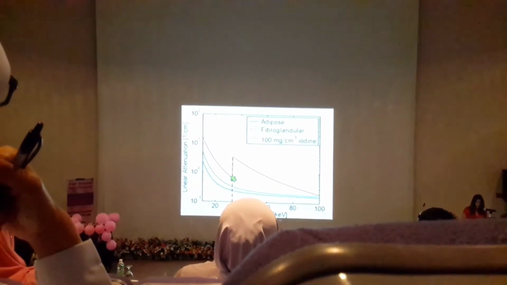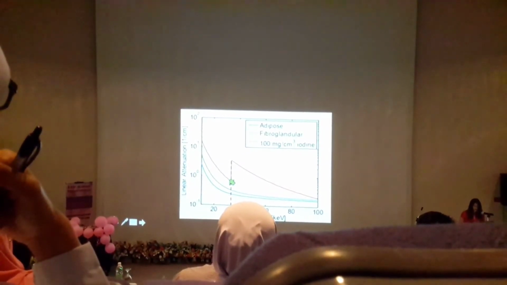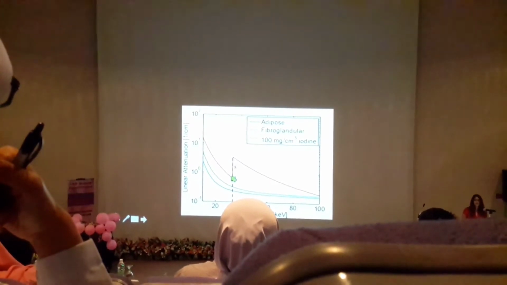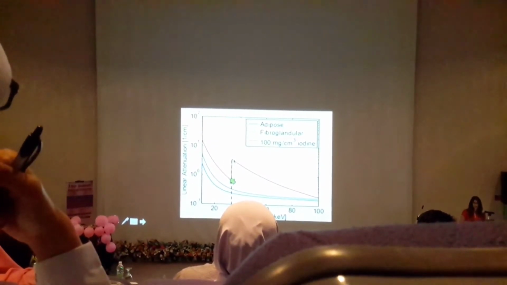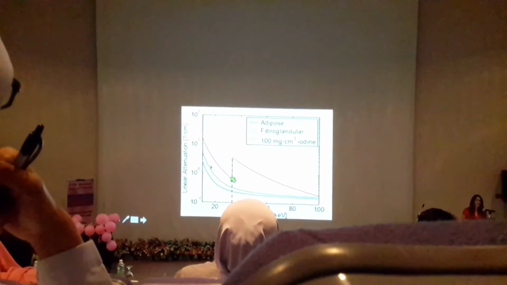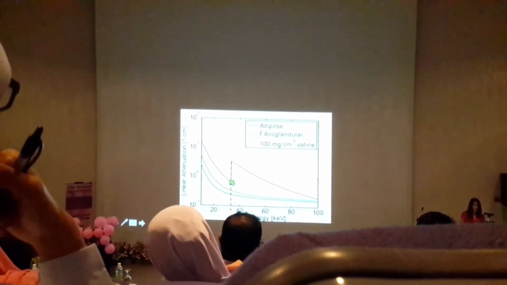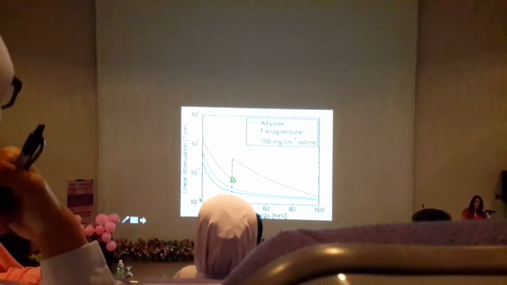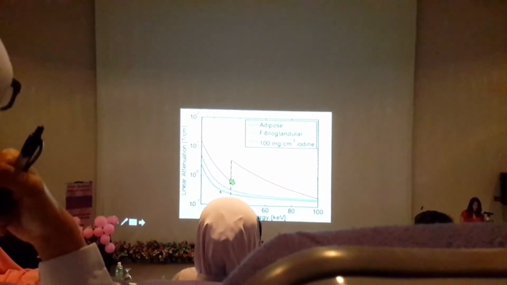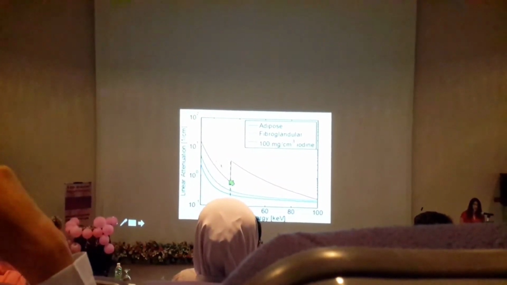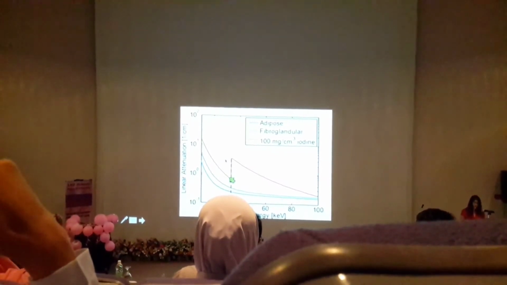This graph is a radiological graph where at 33 keV there is a phenomenon known as the photoelectric phenomenon. Below 33 keV, keV is the X-ray energy that we throw out. All right. So below 33 keV, the breast tissue is well seen, and the iodine concentration in the breast is very low.